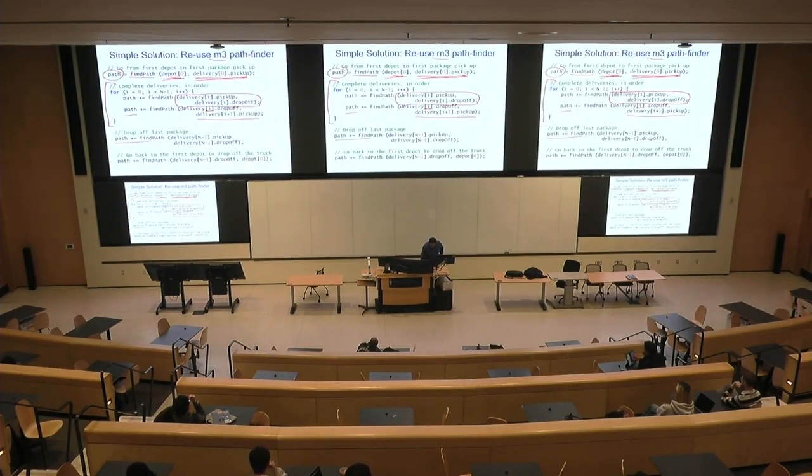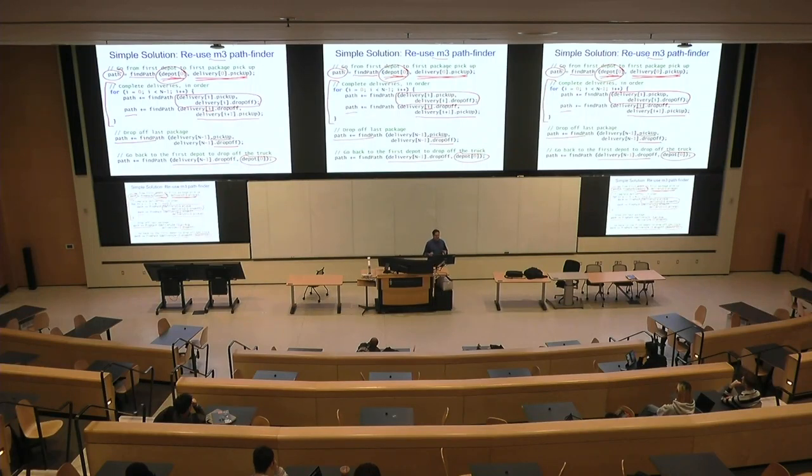I just need to drop off the last package, so I'll make a final call to find path, going from the last pickup to the last drop-off. And now I need to return my truck. I picked it up from depot 0, so I want to go from my last drop-off to depot 0. So I just call find path over and over again.